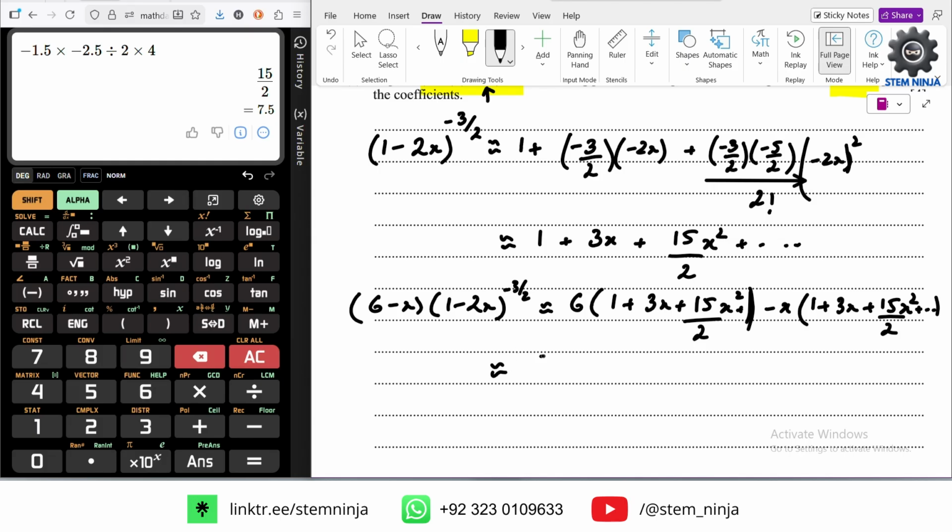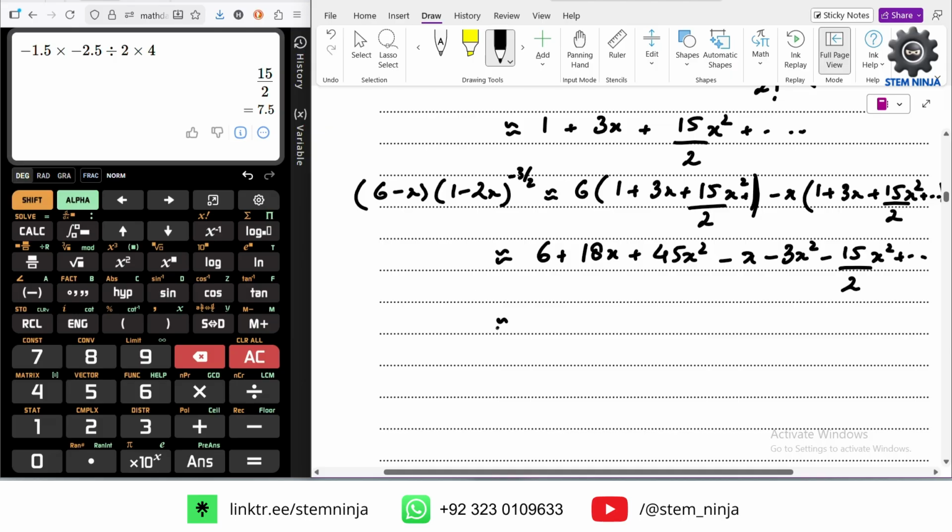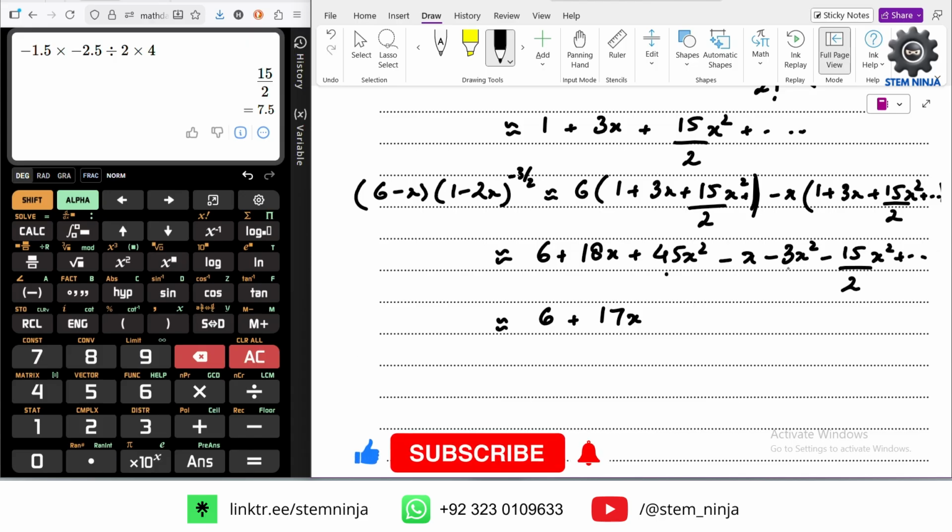Okay, so this is 6 plus 18x plus 6 times 15 over 2, 3 times 15 is 45 x squared, minus x minus 3x squared minus 15 over 2 x cubed. So this would become 18 minus x is 17x. 45 minus 3 is 42.